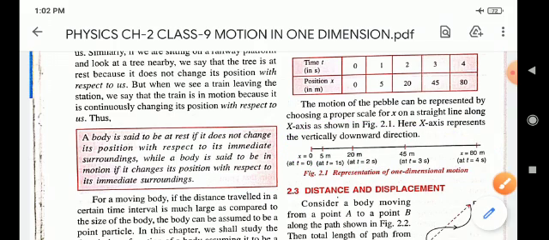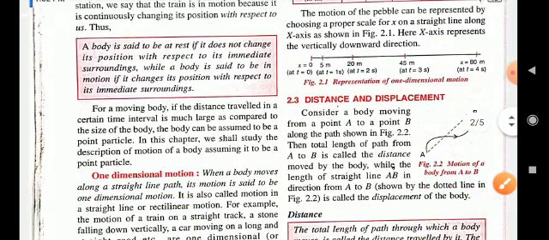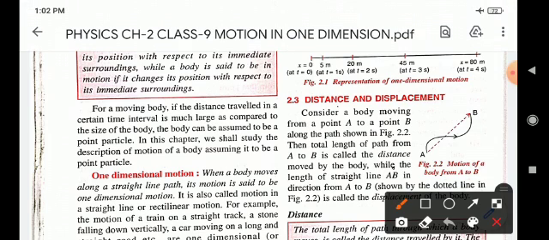Okay children, next part, distance and displacement. We know that distance is a scalar quantity and displacement is a vector quantity.